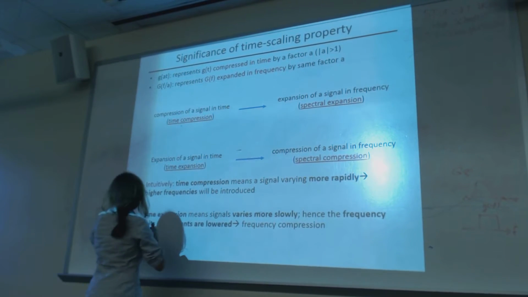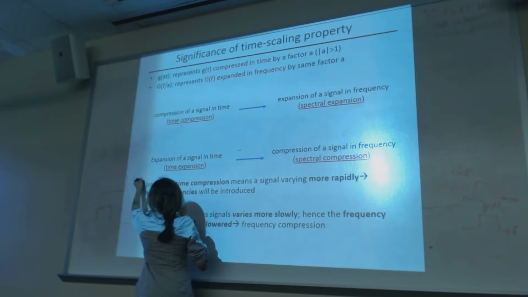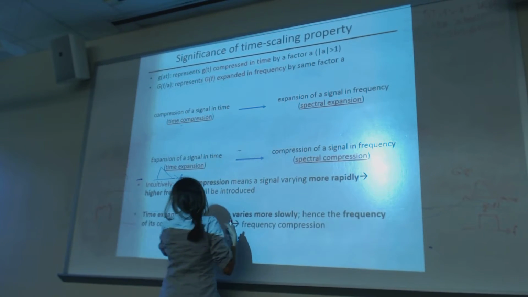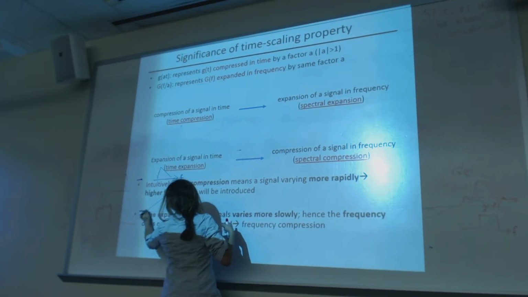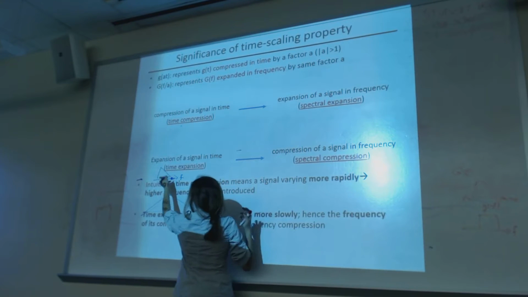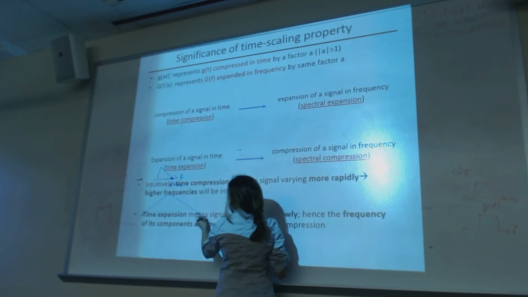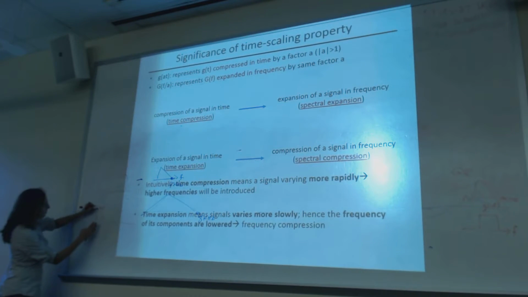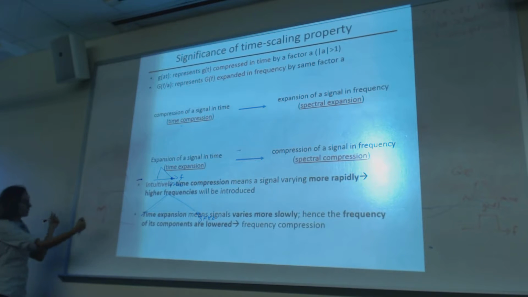Correspondingly, whatever frequency you have, now you have to have a larger frequency. So if you have, let's say, up to 2 kilohertz here, maybe now you have up to 8 kilohertz, because you have compressed this in the time. Okay, makes sense?